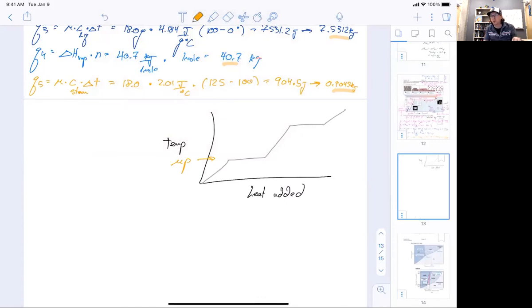Then this temperature over here corresponds to the melting point. Again, we use 0 because that was water, but a different chemical will have a different melting point. This line up here corresponds to the boiling point. That will be different for every different chemical. And then a lot of questions won't have you go through all 5 stages.